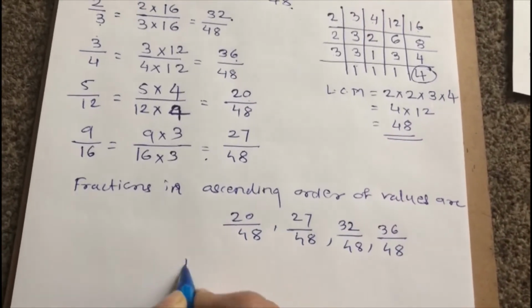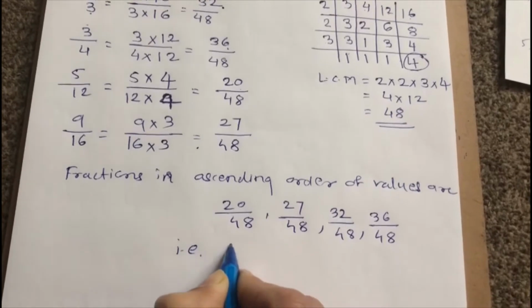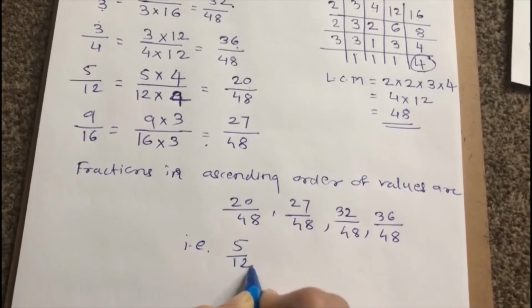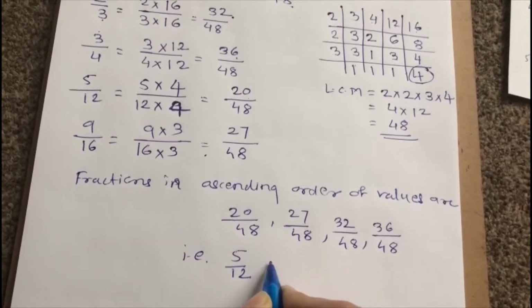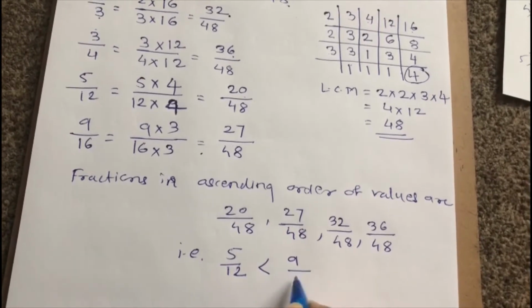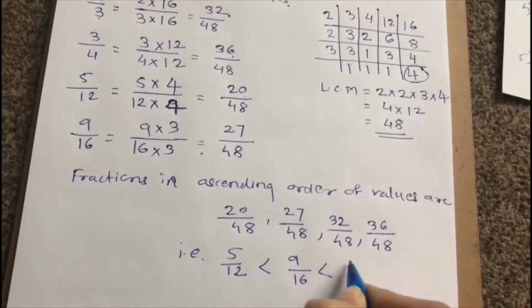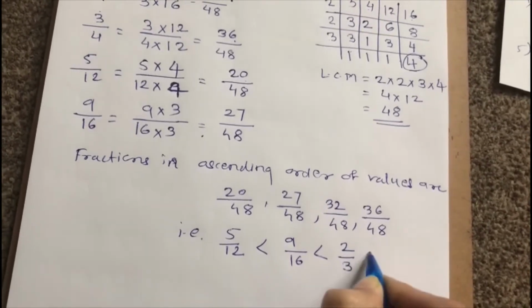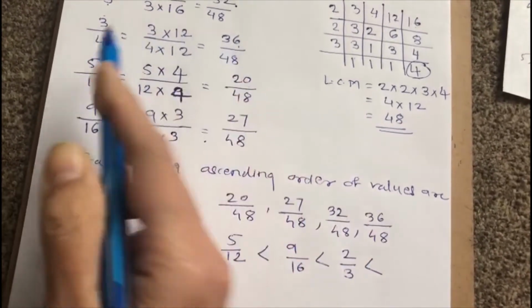That means 5 by 12 is less than 9 by 16, which is less than 2 by 3, which is less than 3 by 4.